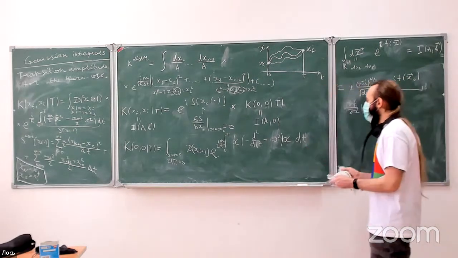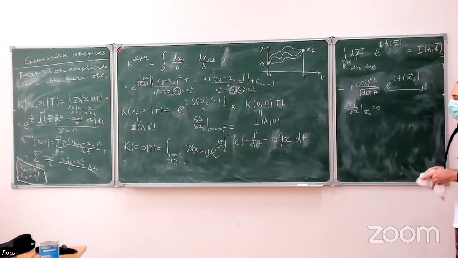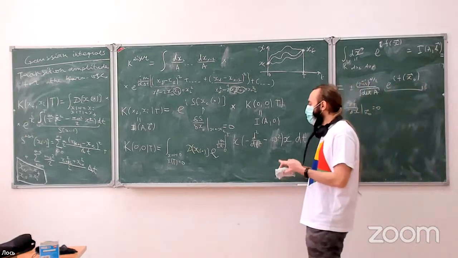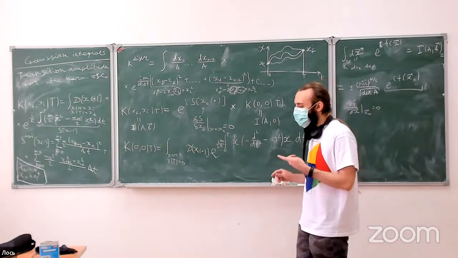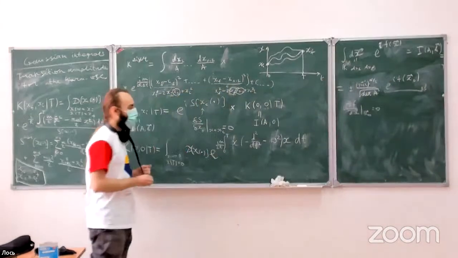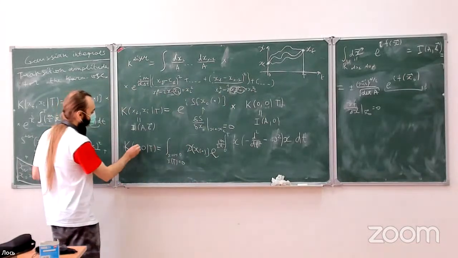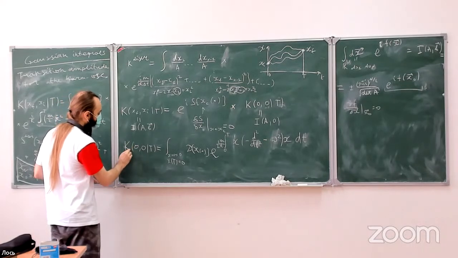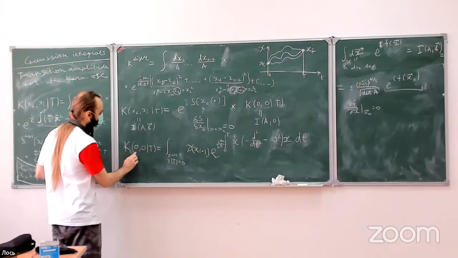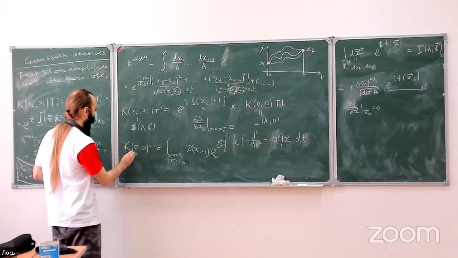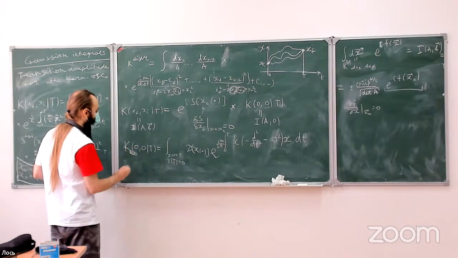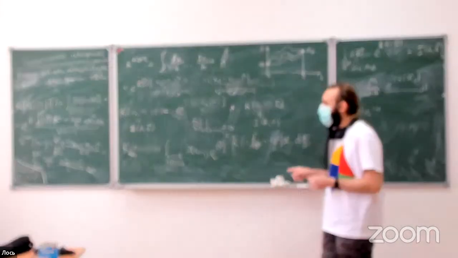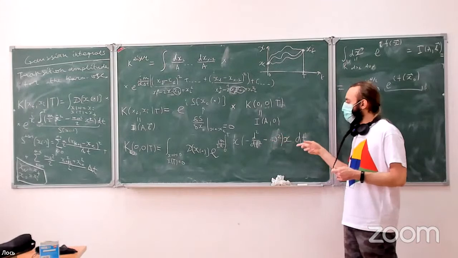But we don't want to compute it in the discretized version. Of course we can, but let us see how it works in the continuous limit. Let us say that we compute this integral as a function of omega, because we already know what this is for omega equals 0.